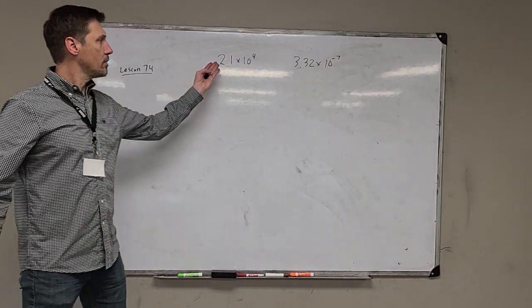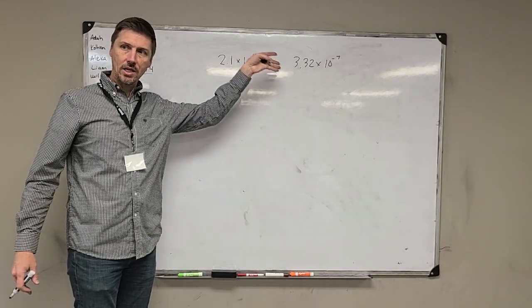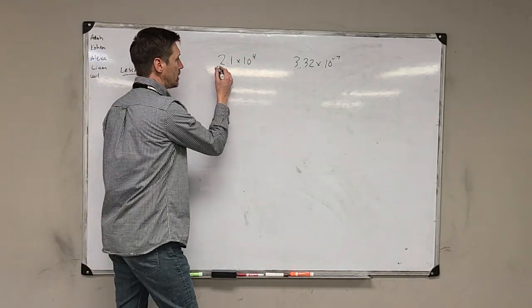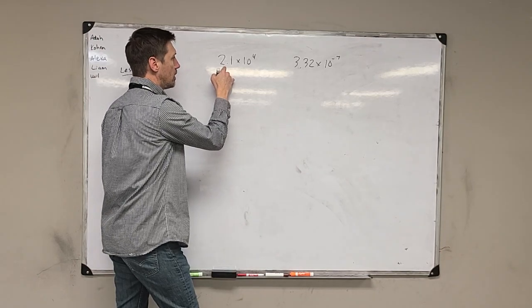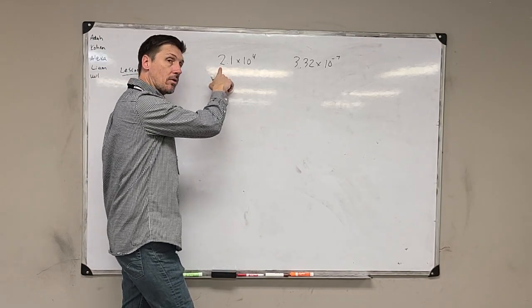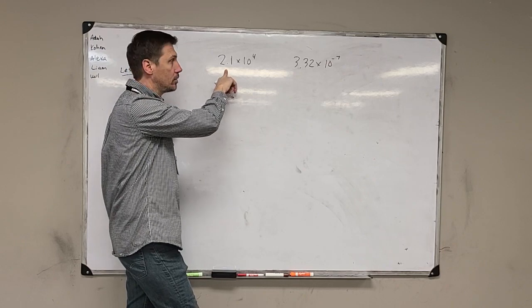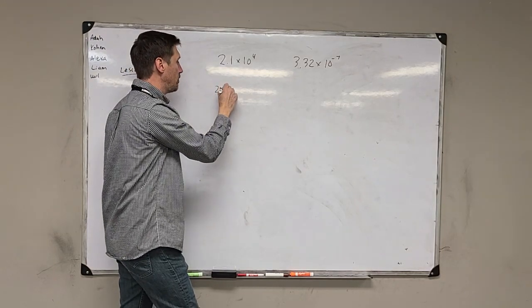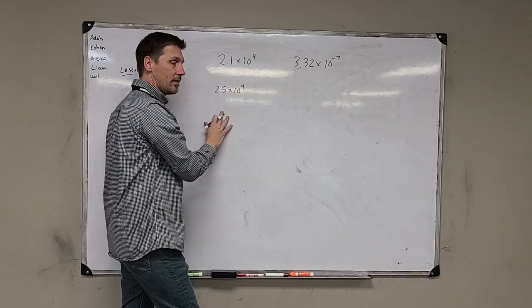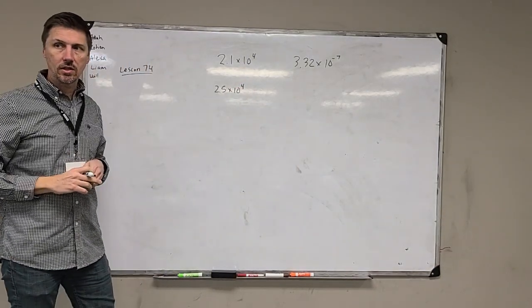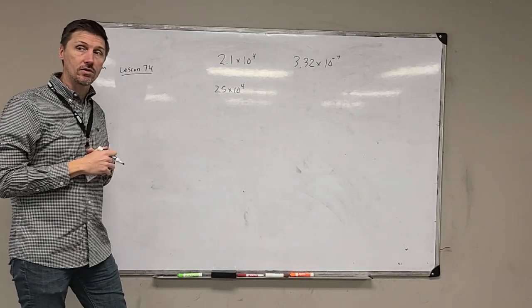You're always going to have some number in the front times 10 to some power. This number in the front, in proper scientific notation, has always got to have just one number followed immediately by a decimal. Okay? So I couldn't have 25 times 10 to the 4th. That's not valid scientific notation. There has to be a decimal there, and the decimal has to come right after the first number.